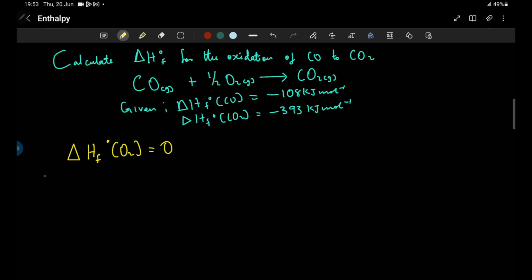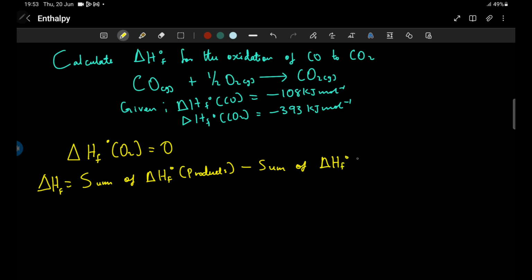And we'll apply the equation, which is the sum of the heat of formation for the products minus the sum of the heat of formation. You've got delta there, which means change, for the reactants.